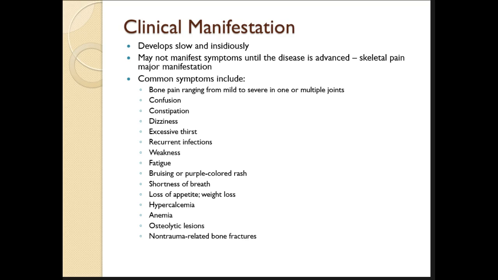Vertebral destruction can lead to collapse of vertebra and ensuing compression of the spinal cord. Loss of bone integrity can lead to the development of pathologic fractures. Bony degeneration also causes calcium to be lost from bones, eventually causing hypercalcemia.